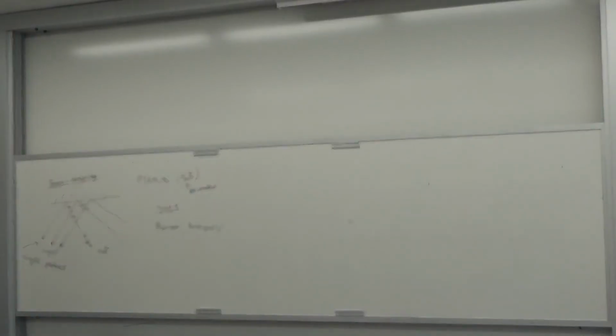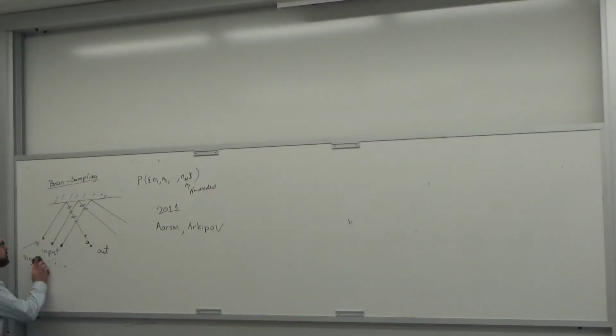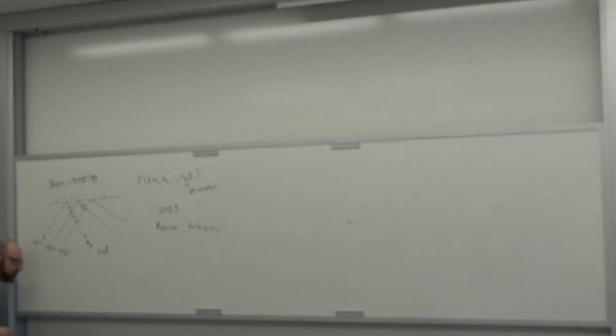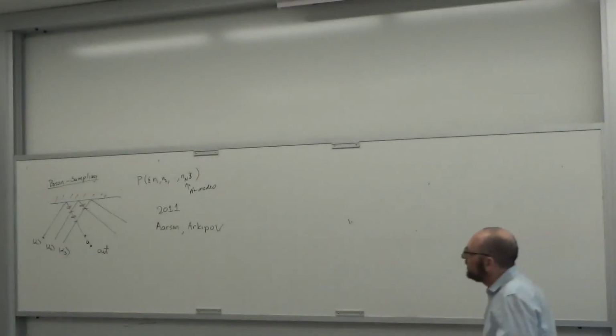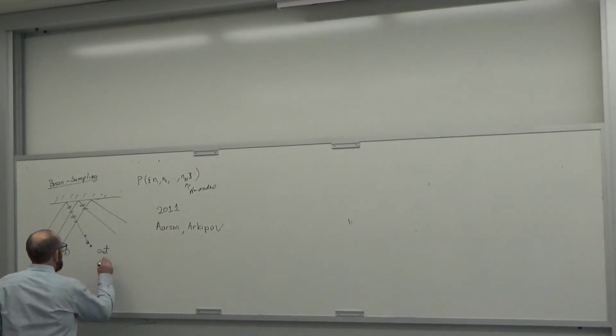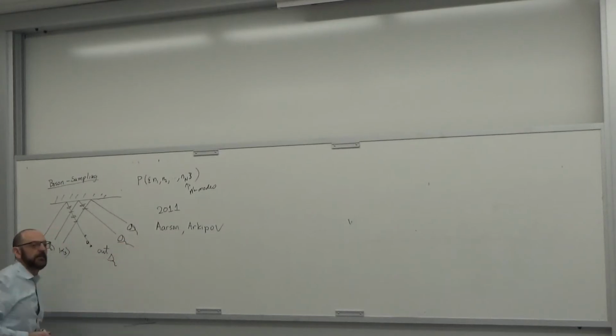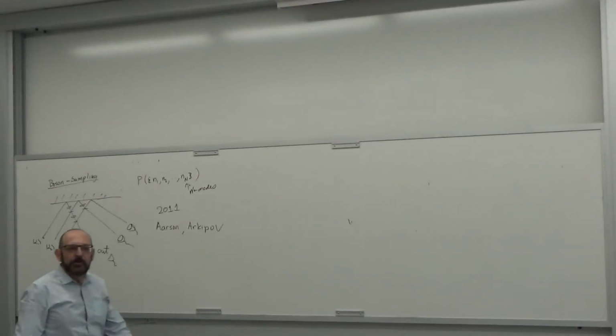Okay? So now I ask you the following question. Suppose instead of single photons here, I put in coherent states. Could you dream up a classical algorithm that would, if you wanted to just do photon counting at the output, could you come up with a classical algorithm that would do it?